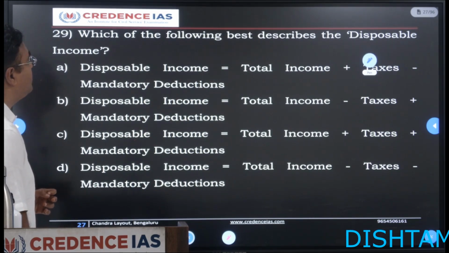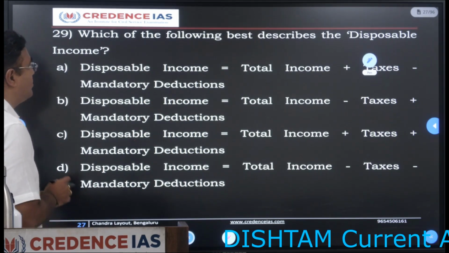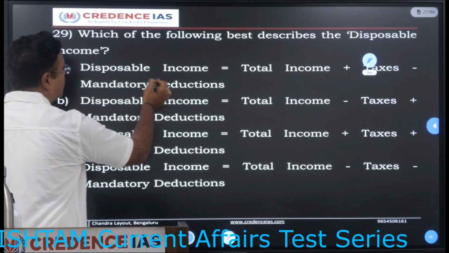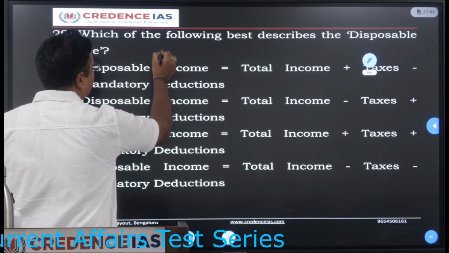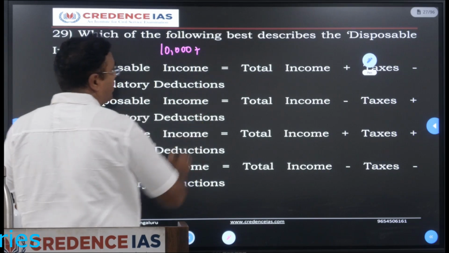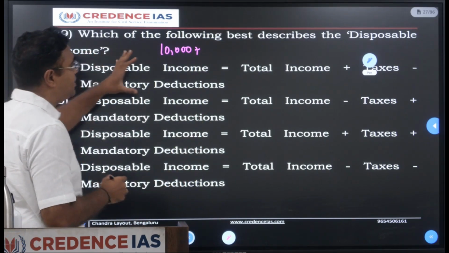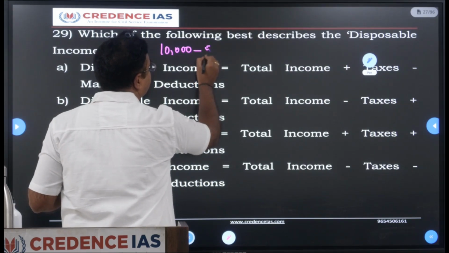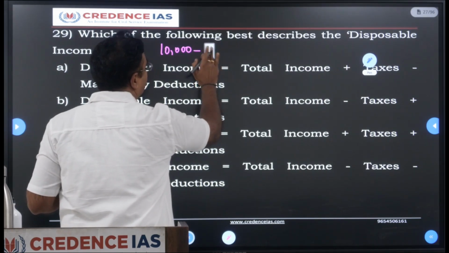Which of the following best describes disposable income? Disposable income, or disposable personal income, is nothing but total income after deductions. Say for instance there is a 10,000 income of a person. He has to pay some taxes. Imagine he pays 500 rupees as tax, which goes to the government.